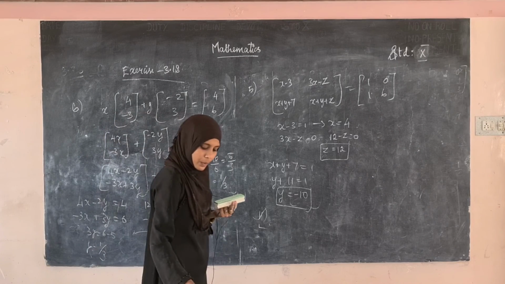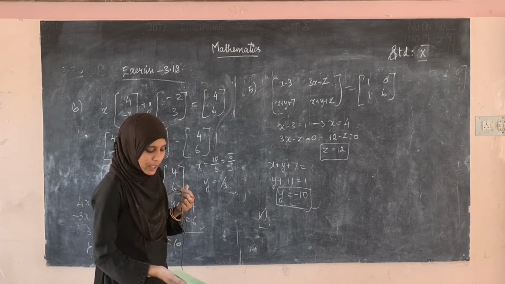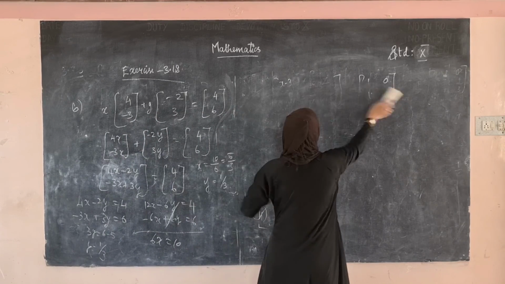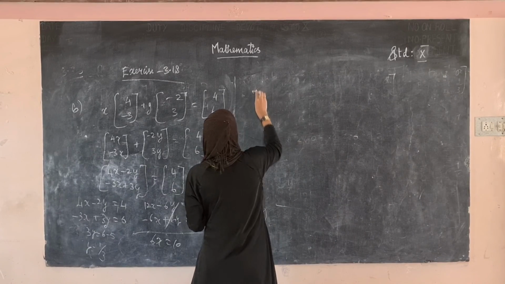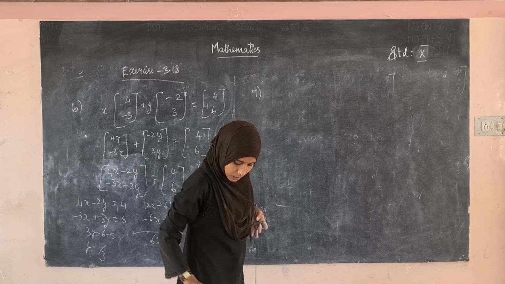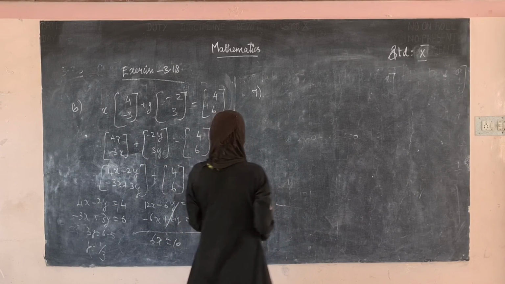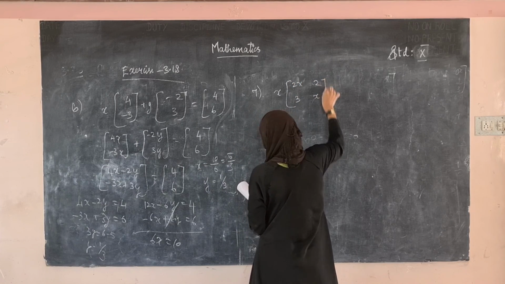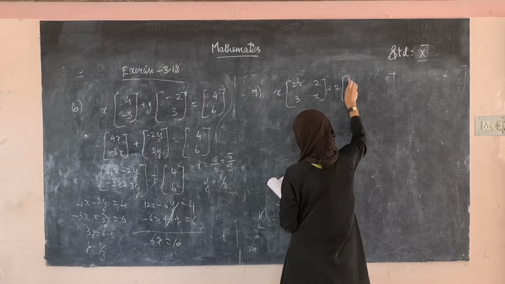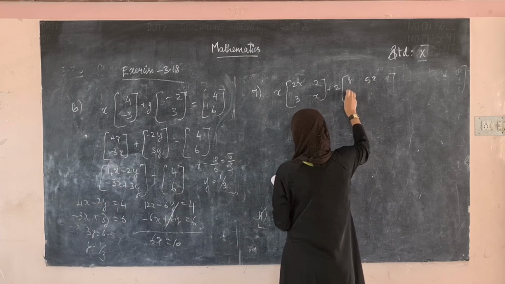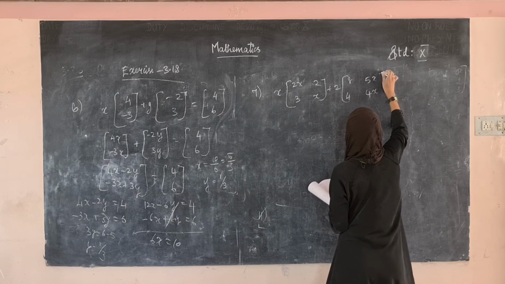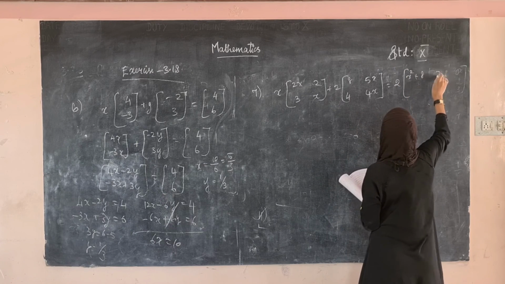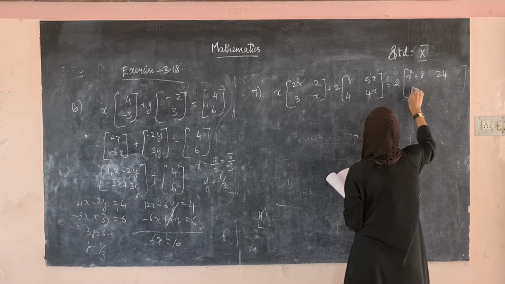Now, the seventh sum. We have to find the non-zero x satisfying the given matrices, okay? Seventh sum. Similarly, that we have done now, okay? x into the matrix 2x, 3x, plus 2 into the matrix 8, 5x, 4, 4x, which is equal to 2 into the matrix x square plus 8, 24, 10, 6x.